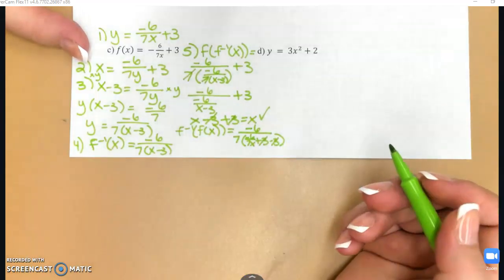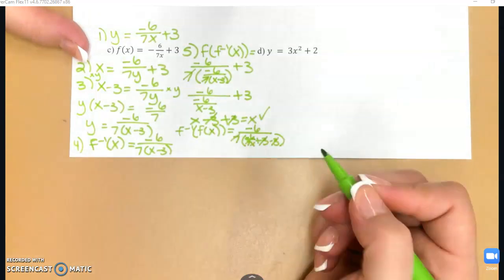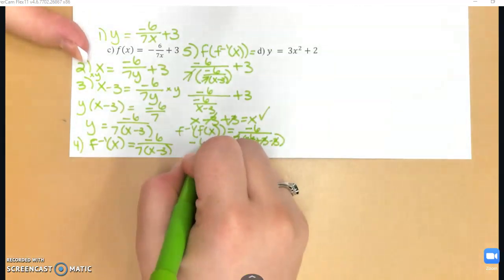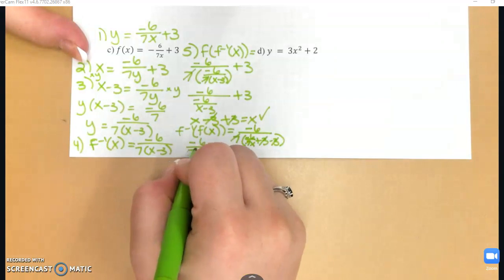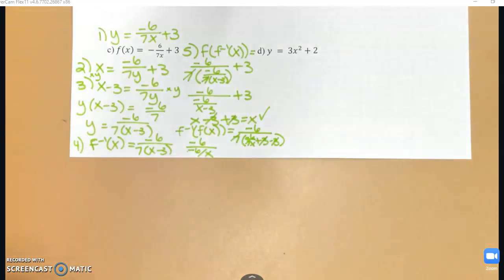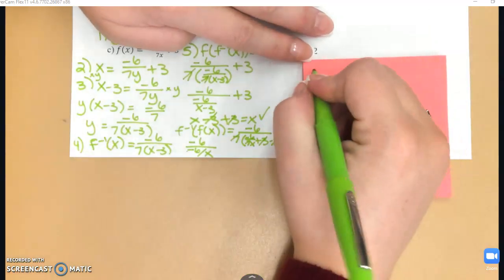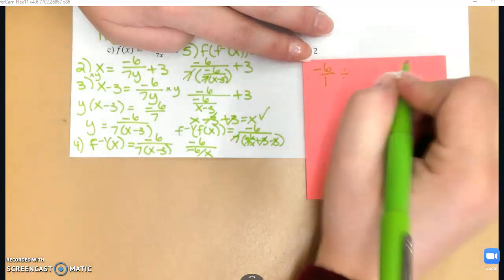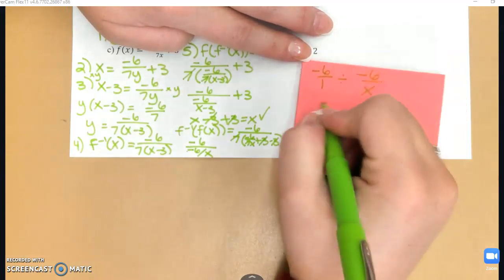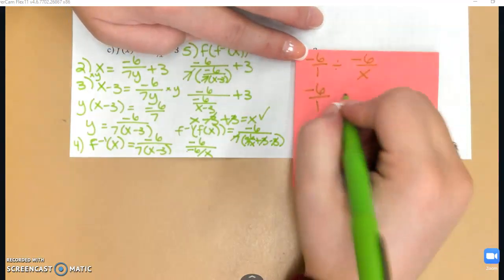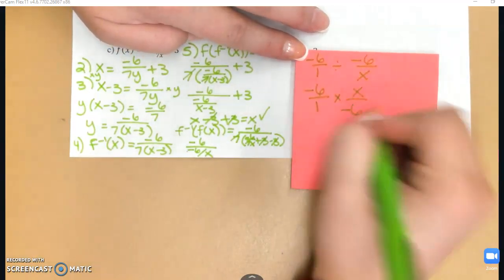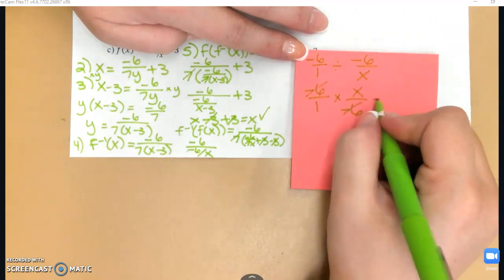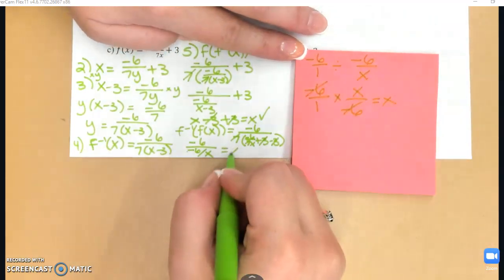The 7's will cancel, and what I have right now is negative 6 over negative 6 over x. So again, that means I've got negative 6 over 1 divided by negative 6 over x. I'm going to keep, change, flip. Again, those will cancel, and I'll just be left with x.